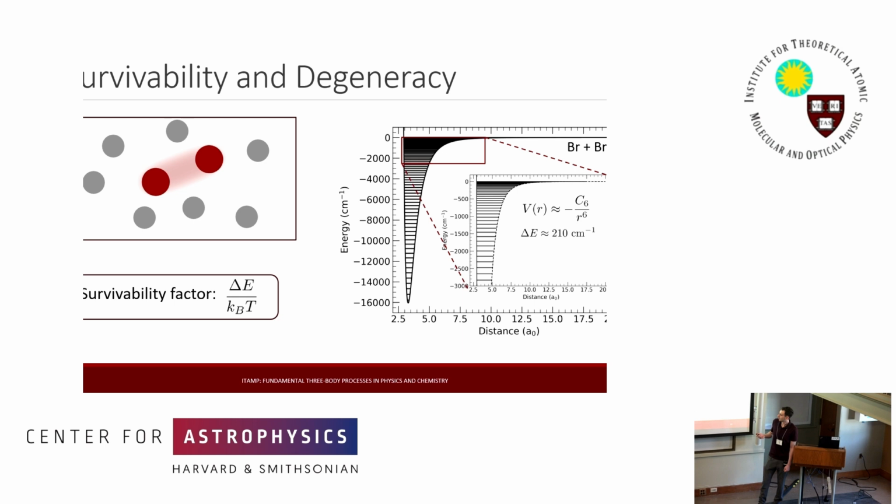The more weakly bound you get, the smaller the energy spacing gets, and that dictates your survivability. I was expecting the binding energy over kT, not so much the average energy spacing.